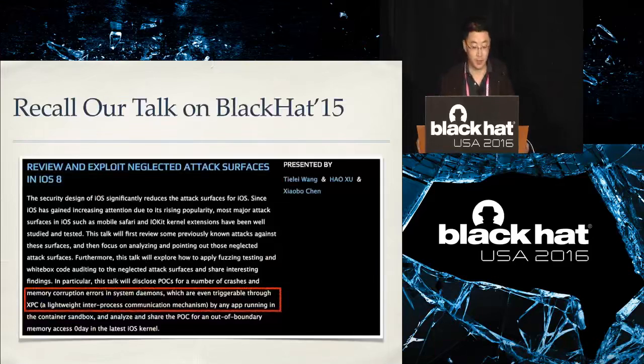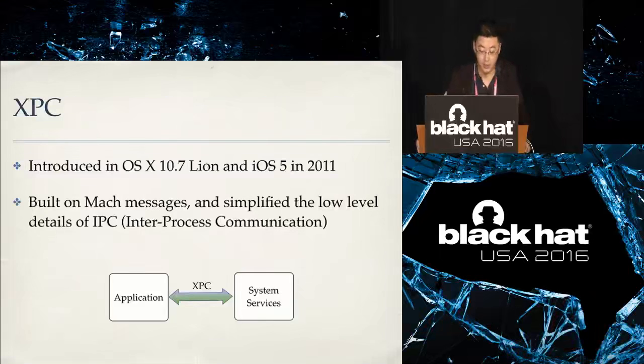If you went to our talk last year at Black Hat, you may remember that last year we already talked about XPC security on iOS. XPC is a new kind of inter-process communication method on iOS. It was introduced in 2011 in iOS 5.